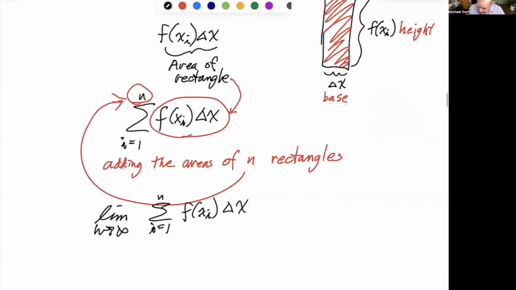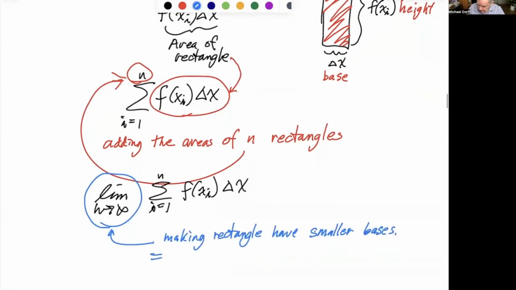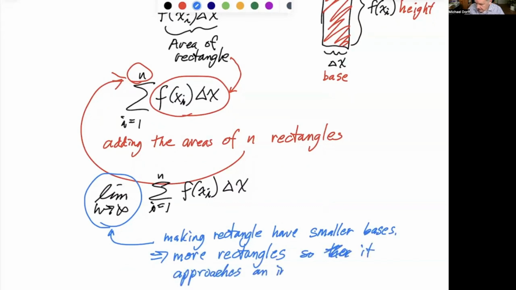What does that represent? Well, this limit is telling us that we are making the rectangles smaller, which implies that we're making more rectangles. In fact, we're approaching an infinite number of rectangles. And so that's what our integral is.